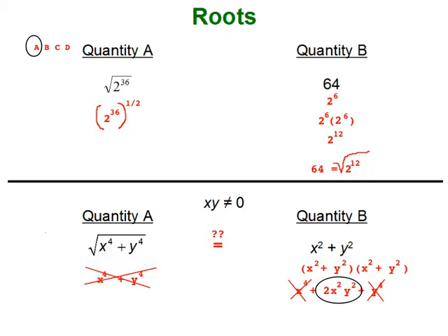So no matter what, whether x and y are negative numbers or not, this middle term is going to be positive. So column B is going to be bigger than column A by exactly this amount, 2x squared y squared. Now we can confidently answer choice B and move on.